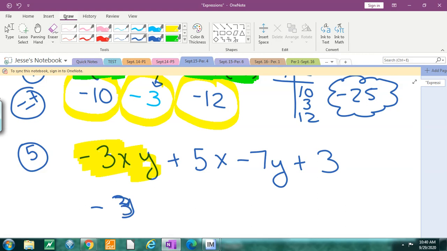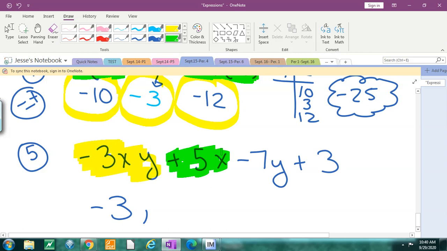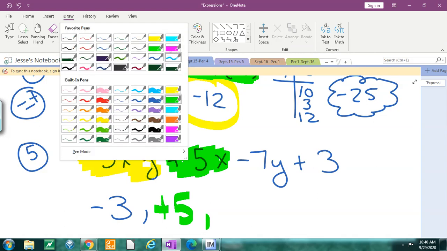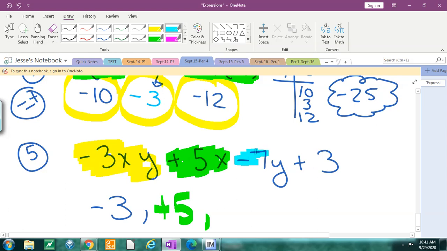Now let's look at the next one. Positive 5x. Is that together with the variable? Yeah. So positive 5, comma. The next one, negative 7y. Oh yeah, there's a y next to it. So negative 7.